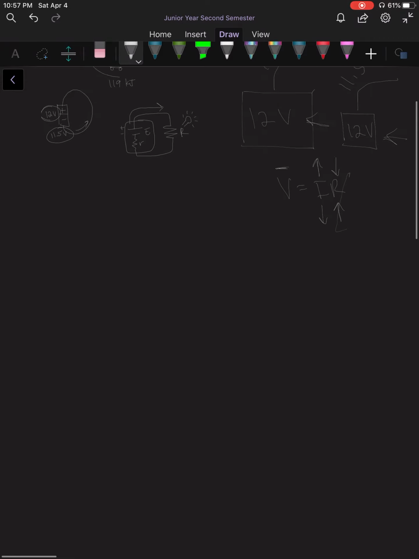So now, I said earlier that relating the two equations, we've got V equals EMF minus IR. So this I is the current of the whole system. So let's say we've got our example here, our circuit diagram.